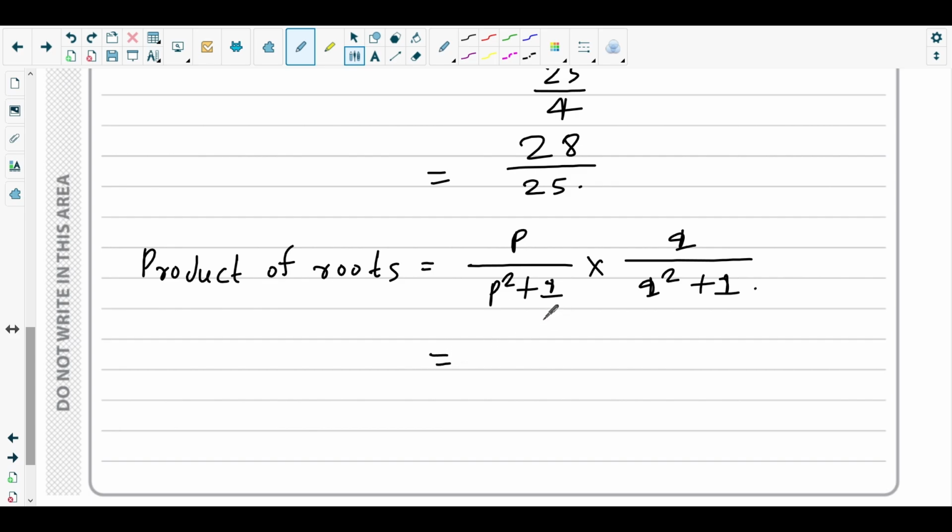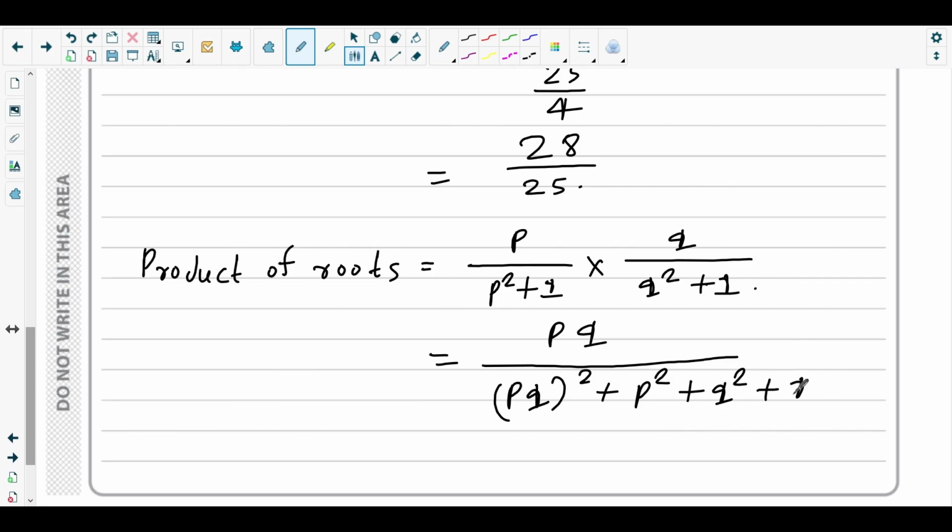So in the numerator you will have pq, and in the denominator you will have p squared times q squared, which is (pq) whole squared. Then p squared times 1 is just p squared, and then q squared plus 1. Just multiply p squared plus 1 with q squared plus 1.